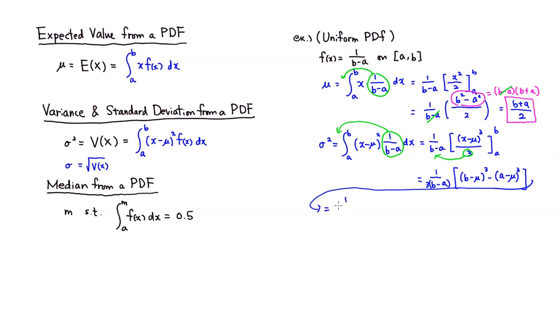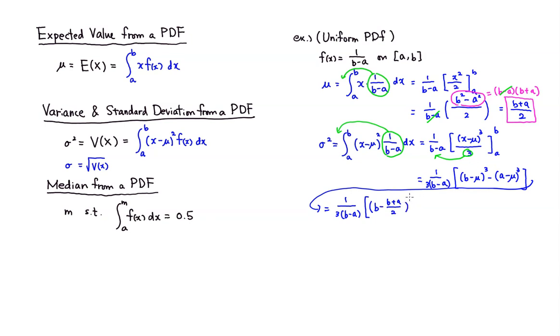I have a 1 over 3 b minus a. Right? So the mu that we found was, let's see, you have b plus a over 2. So we can put that in there. So you have b minus b plus a over 2. Right?